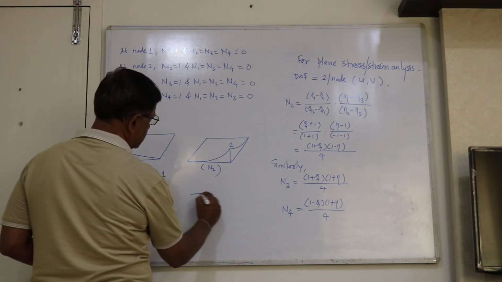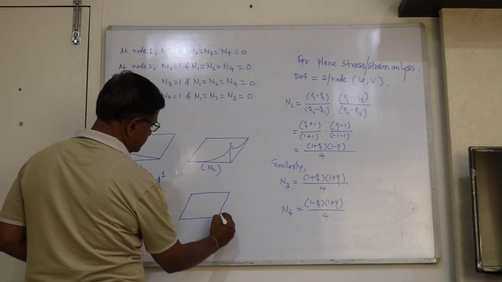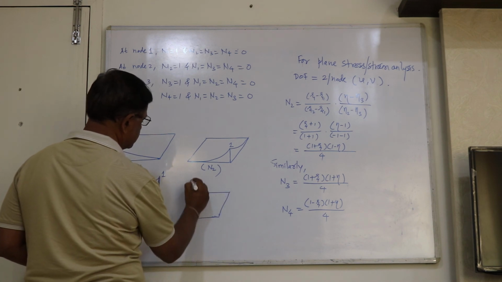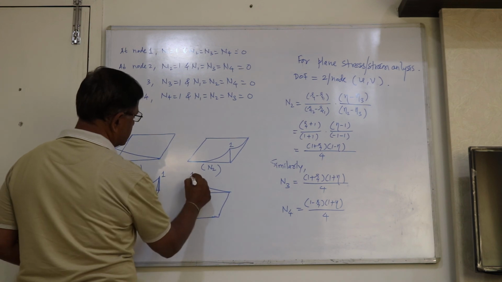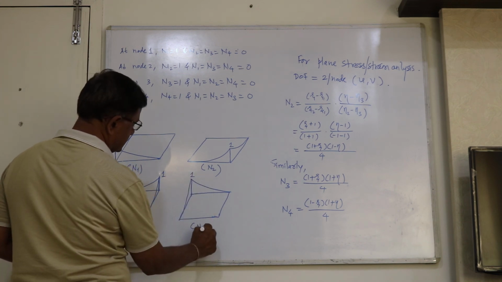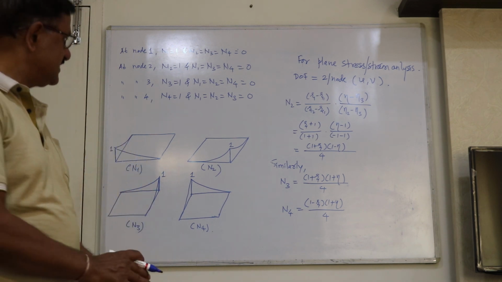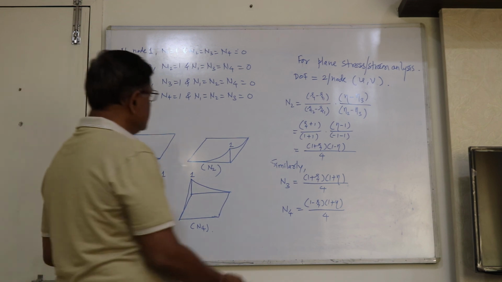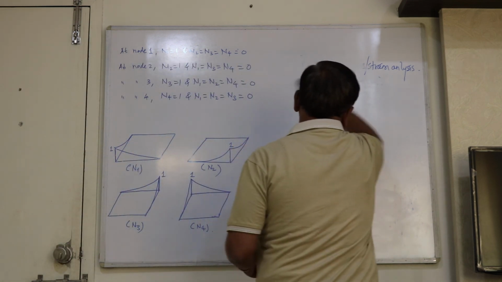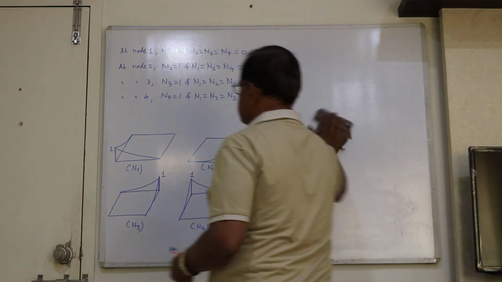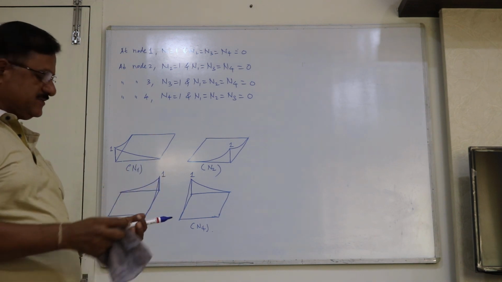Then the last, N4. So this is 1. This is N4. So now we have checked the properties of shape functions: each has unit value at its own node and 0 at all other nodes. Also you can check that N1 plus N2 plus N3 plus N4 must be equal to 1.